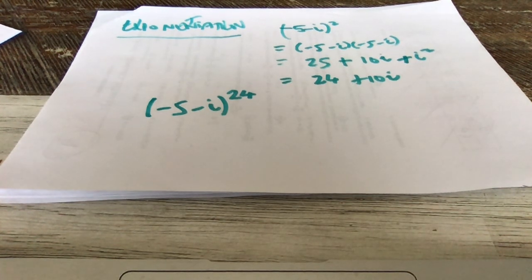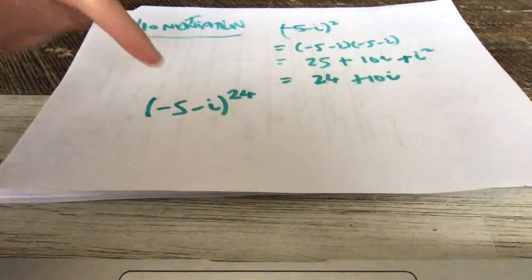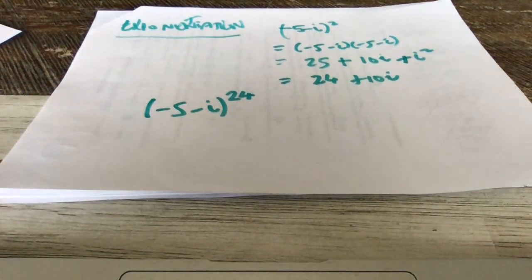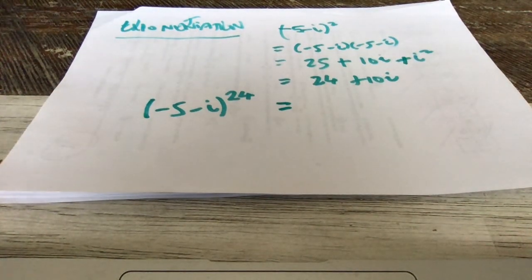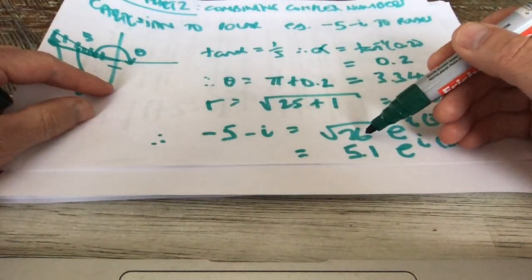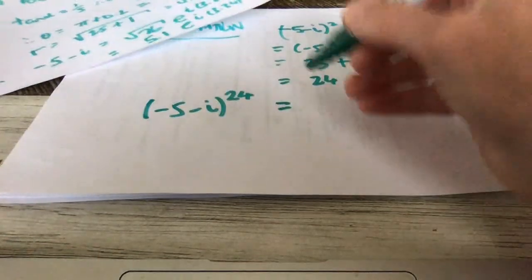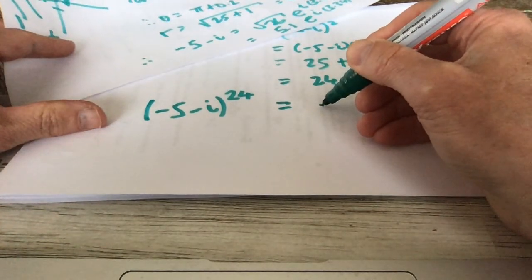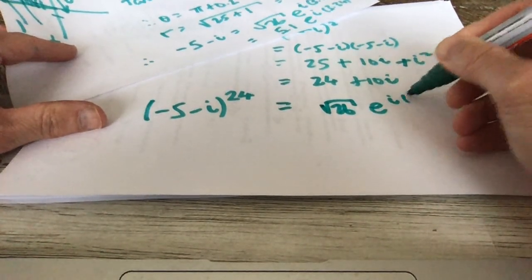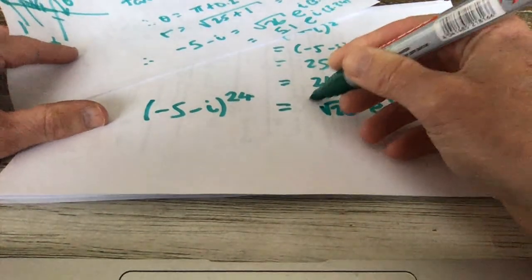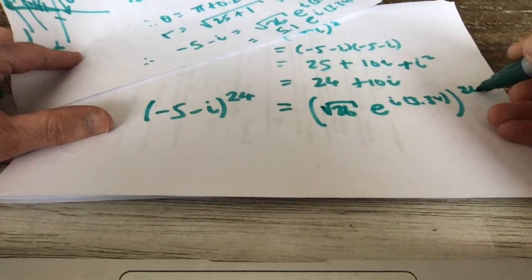In that case, what you should do is convert the Cartesian number into its polar form and then do the calculation. So if you remember, minus 5 minus i, we said it's the square root of 26 exponential i 3.34. Let me write that down, to the power of 24.